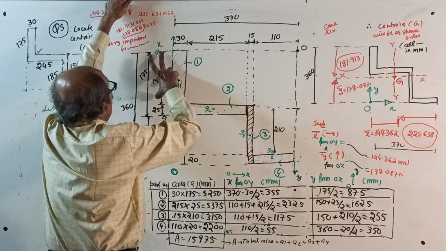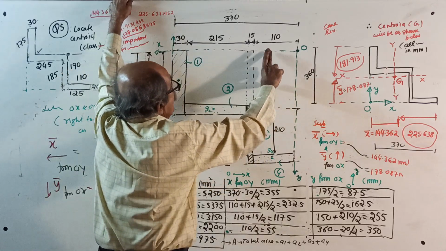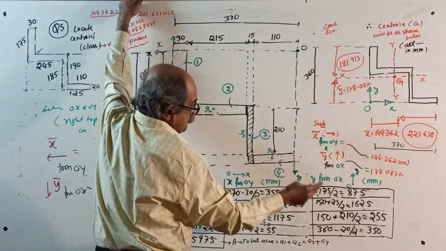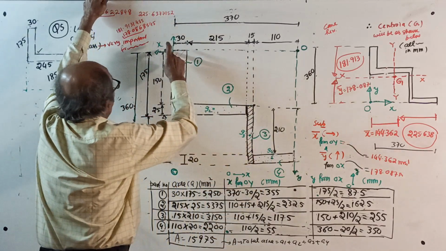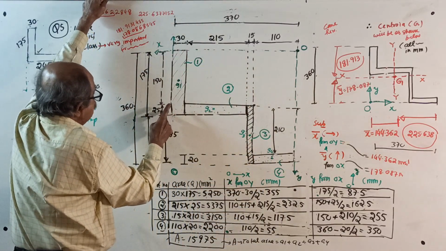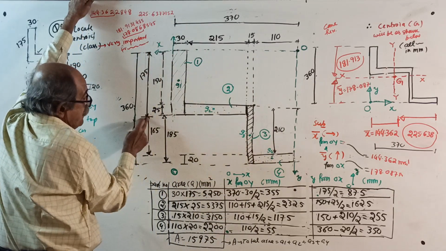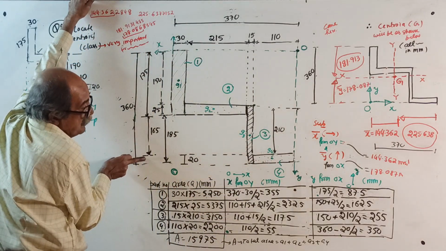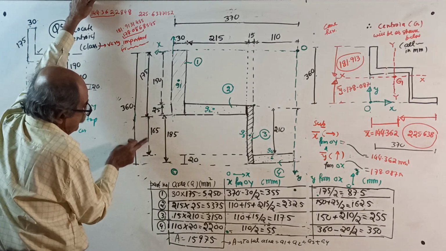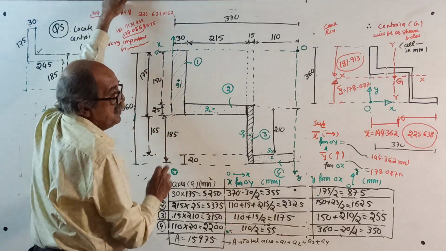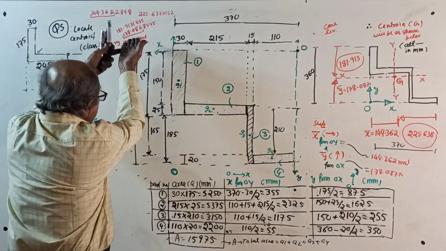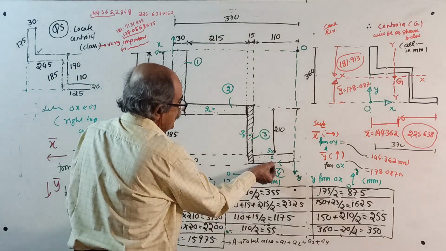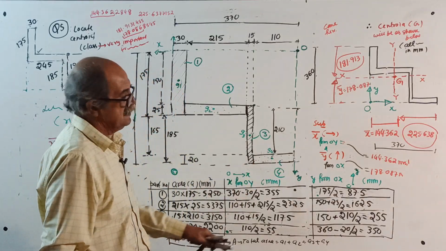See here, 150 is useful for you. 150 plus half of 210. y4: 150 plus 15, or 175, plus 165 plus half of 20. Or you can do one thing directly: 360 minus half of 20. That is the best one.